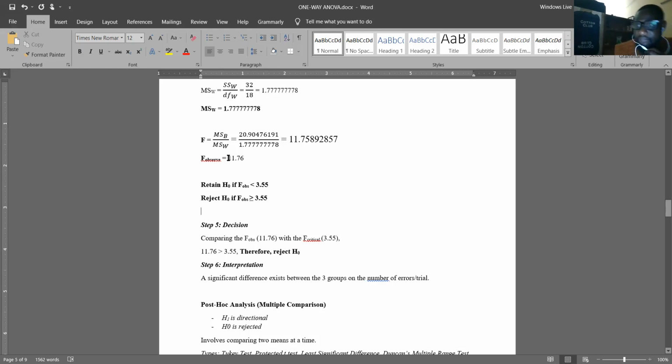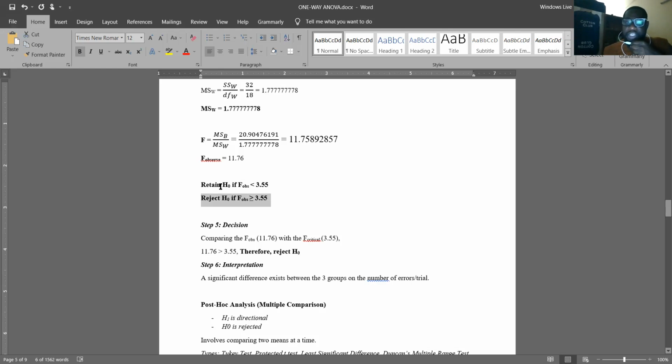Currently, we know the F observed, right? We know the F observed to be 11.76. And when you compare 11.76 with 3.55, 11.76 is greater than 3.55, meaning that we are supposed to reject HO.